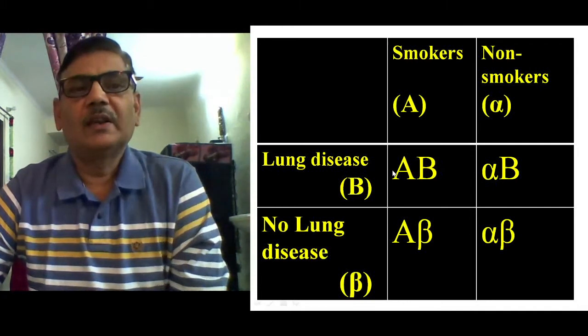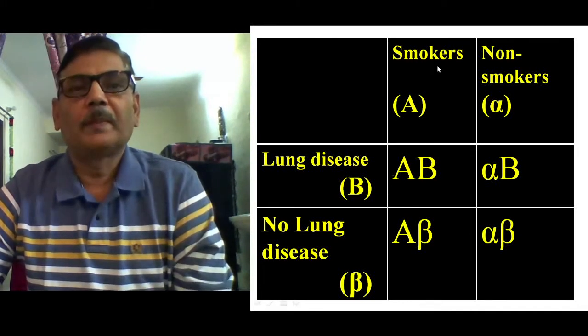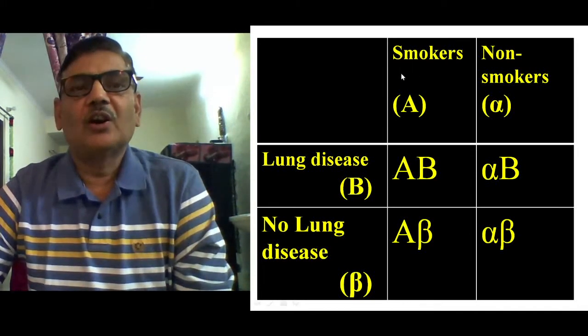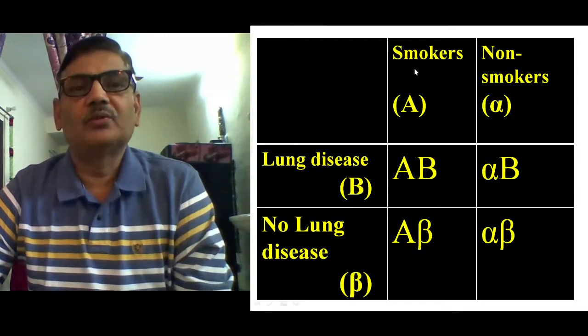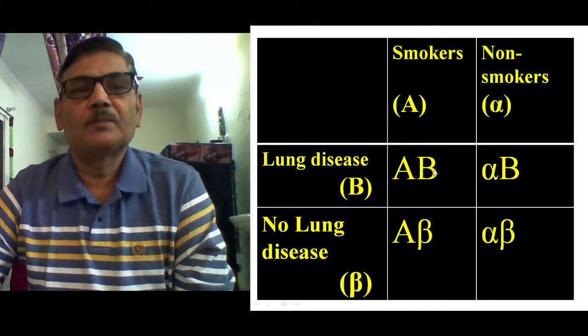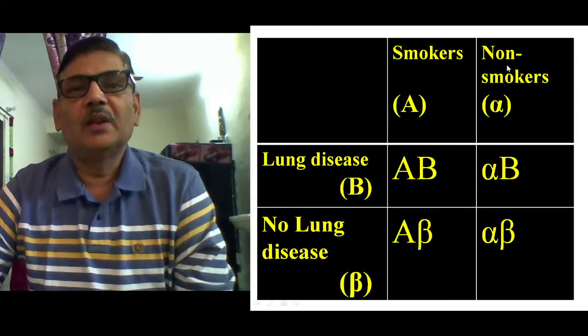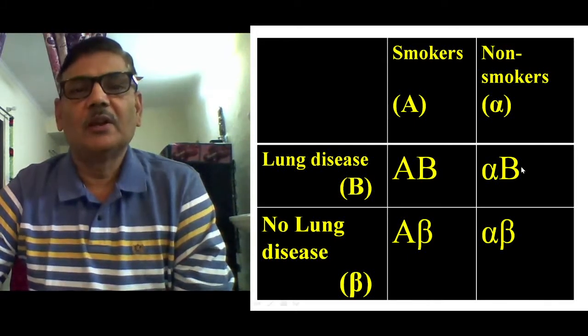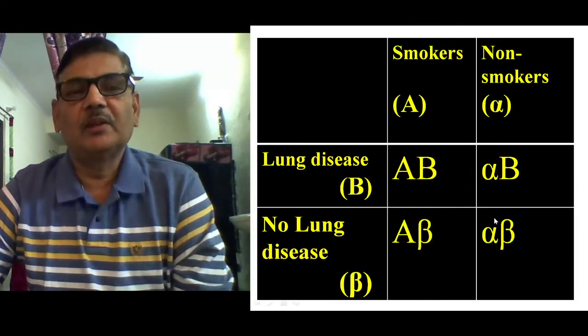So we can collect data from the population, that is exactly how many persons are there who actually smoke and they also suffer from lung disease. Then there could be non-smokers and they may be suffering from lung disease. There may be people who smoke but they don't have lung disease, and the non-smokers may be there with no lung disease.